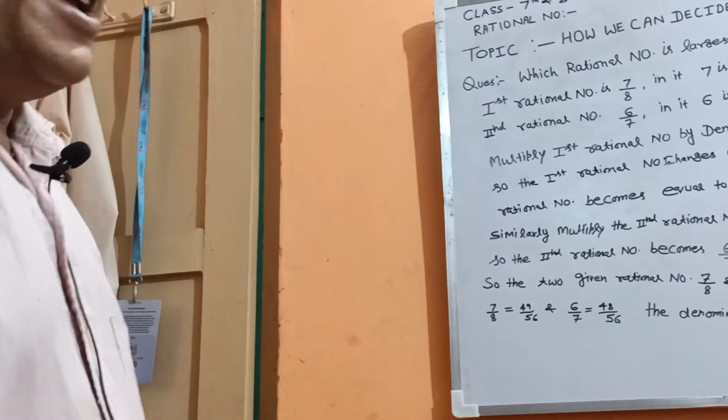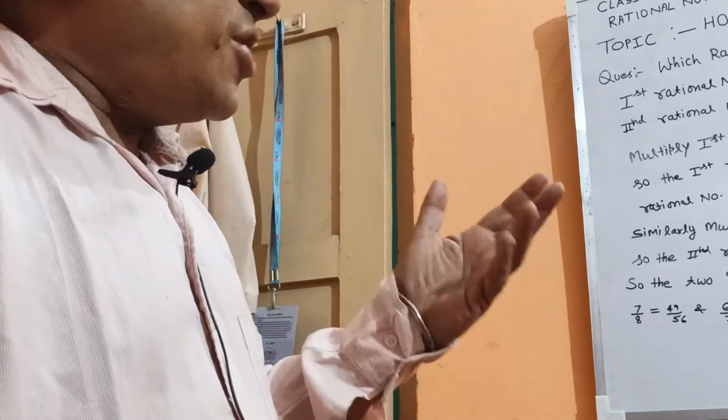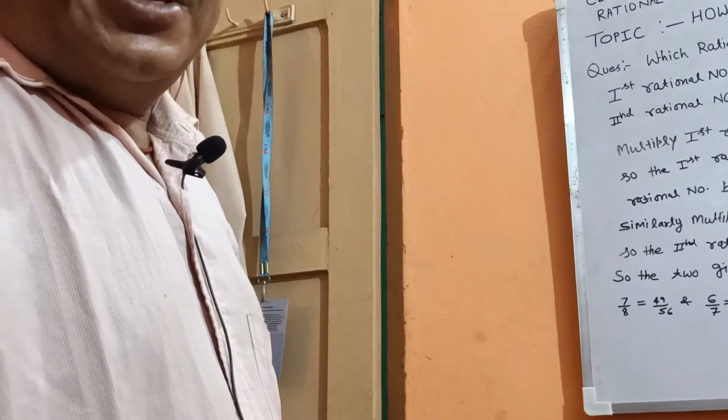Check the numerator only. The rational number having the larger numerator will be the largest.